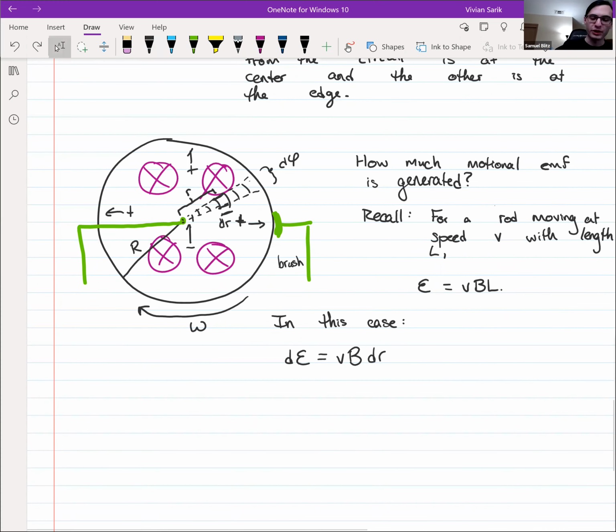Now, if we quickly remember our 9a, for circular motion, the speed at any given point is equal to the distance from the center times the angular velocity: v equals r omega.